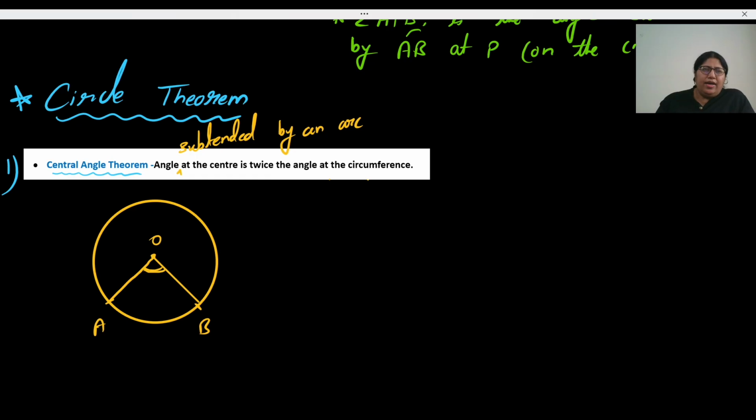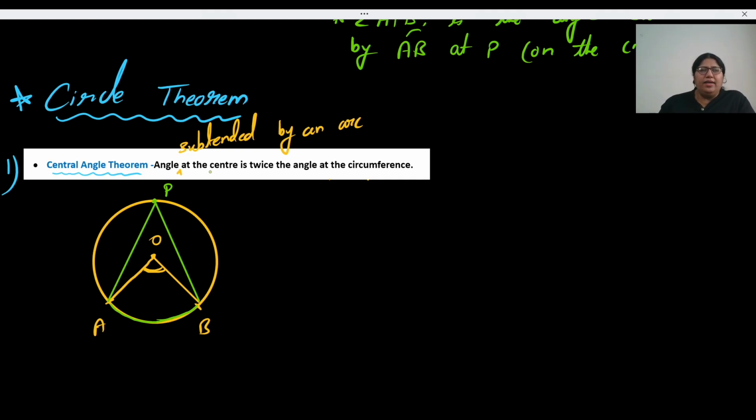That means you can take any point on the remaining part of the circumference other than this arc, because this is the angle subtended by arc AB, so I can't take any point on AB. So if I take another point P, angle APB is going to be half of angle AOB, or AOB is double angle APB.